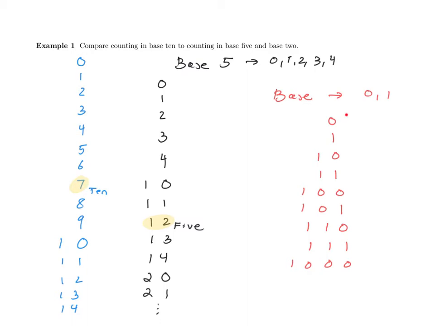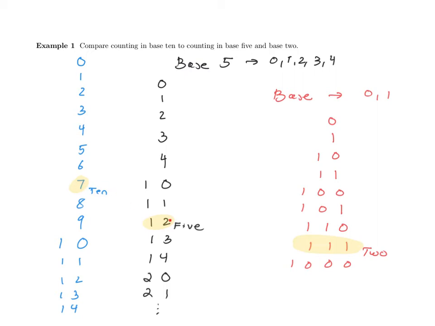Does something similar happen over here on this list in base 2? Let's see. Here's 0, 1, 2, 3, 4, 5, 6. Here's 7. So I'll highlight that one. So this right here, which is in base 2, is equivalent to 12 base 5, or 7 base 10.